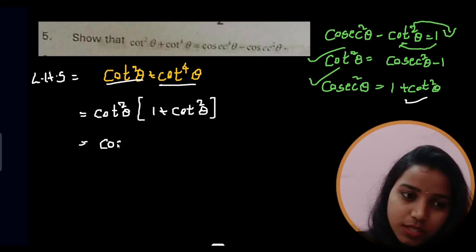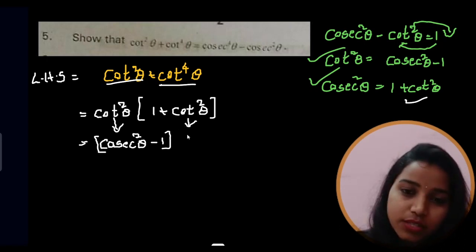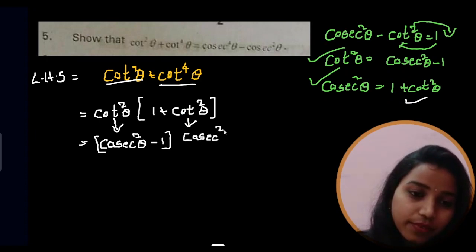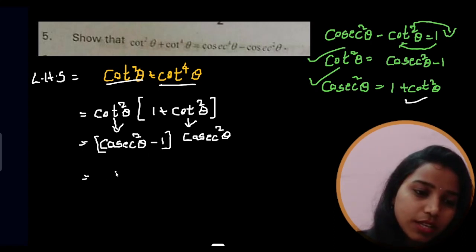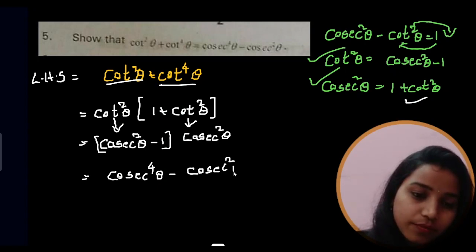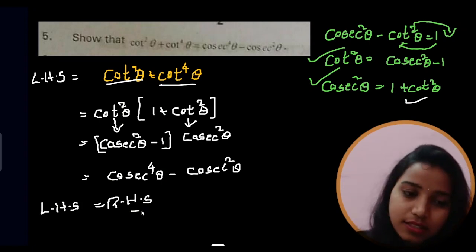So I am substituting these two: cosec square theta minus 1 in place of cot square theta, and in the bracket term, instead of 1 plus cot square theta, I am writing cosec square theta. Got it? Now just multiply all these terms, then you'll get cosec power 4 theta minus cosec square theta, which is equal to the RHS. So we got LHS equal to RHS. So simply, it is proved.